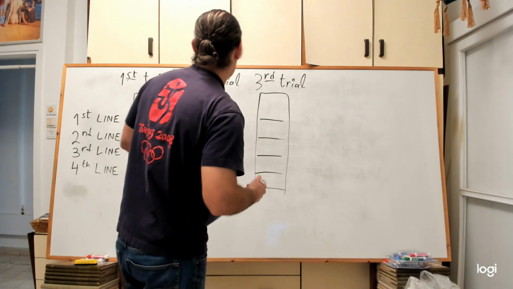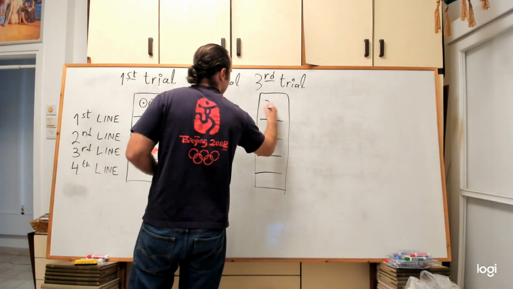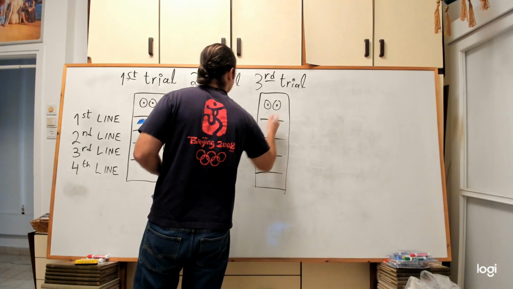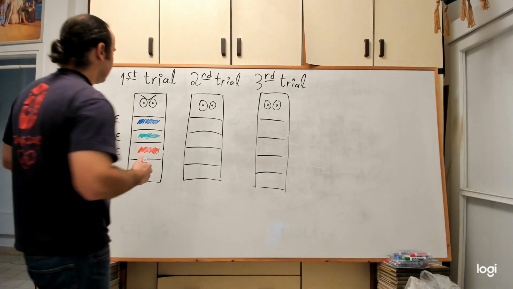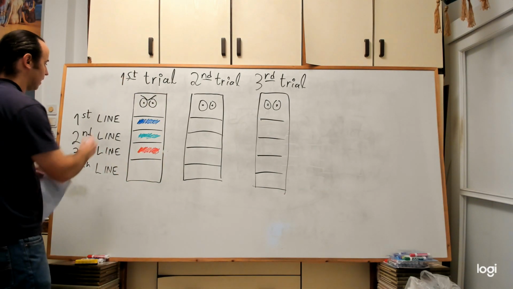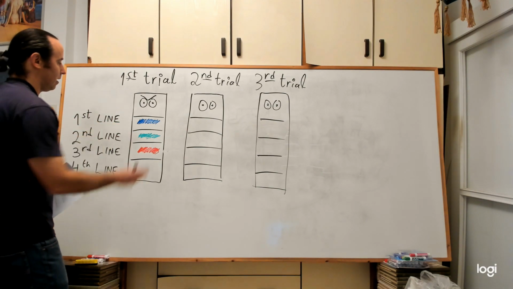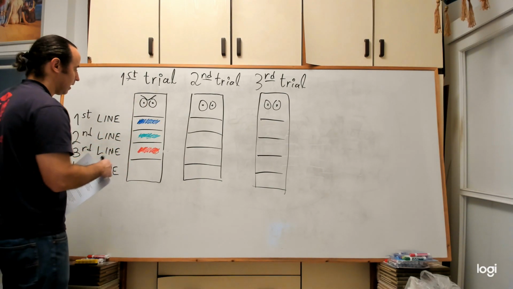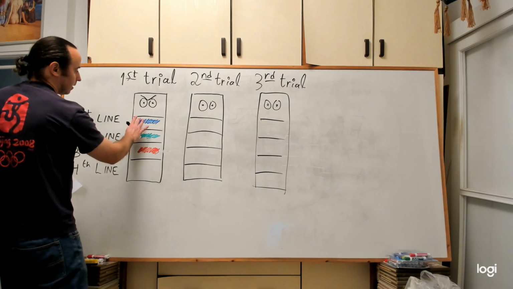So this is the bad virus, and we are trying the first line. We are changing it from blue to something else, like green.